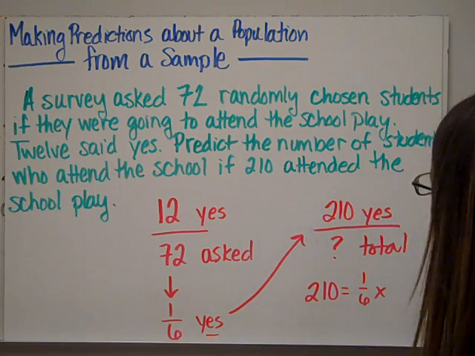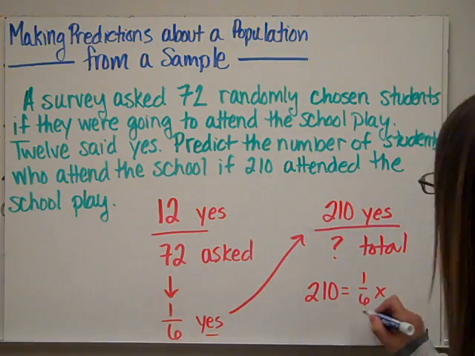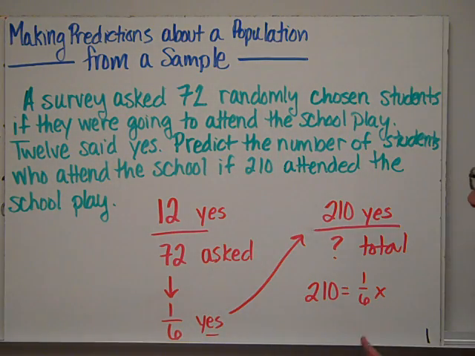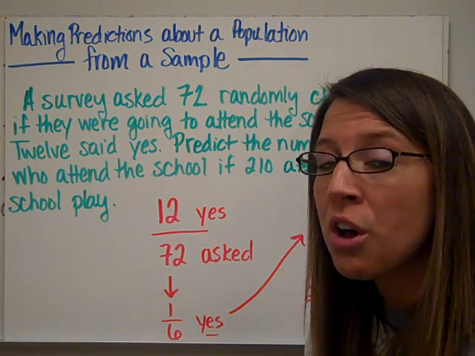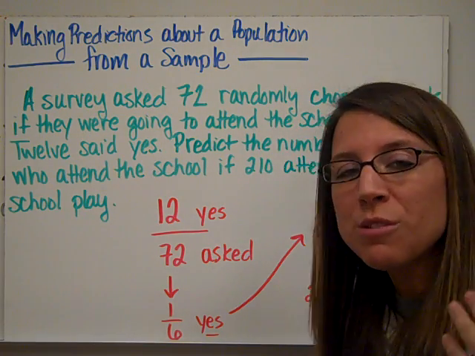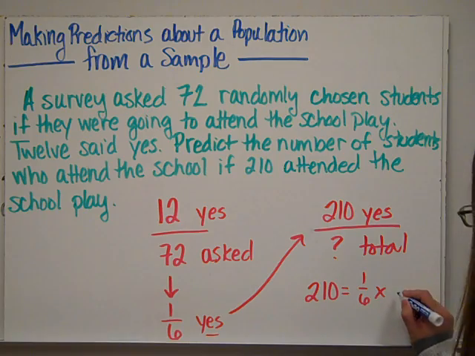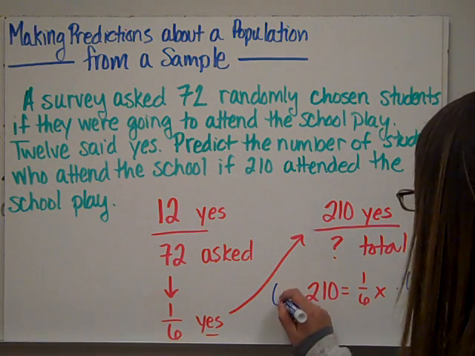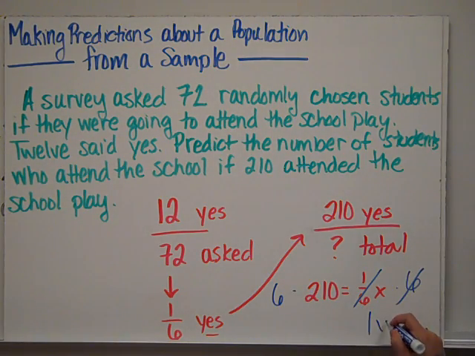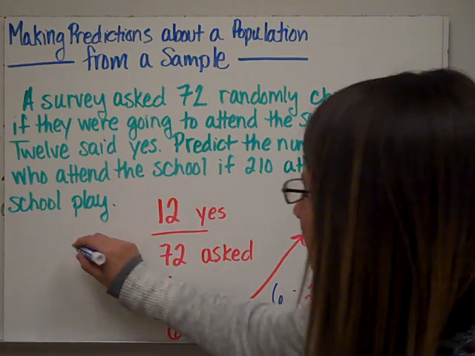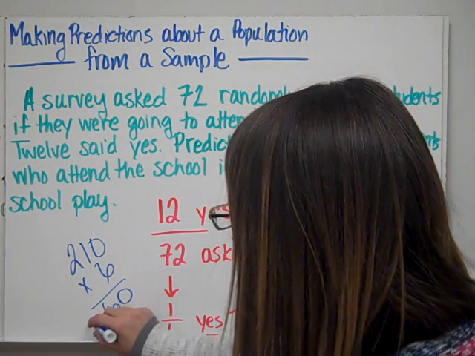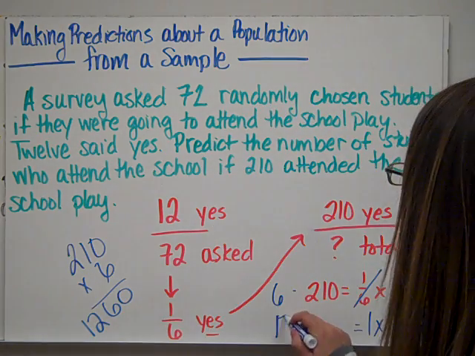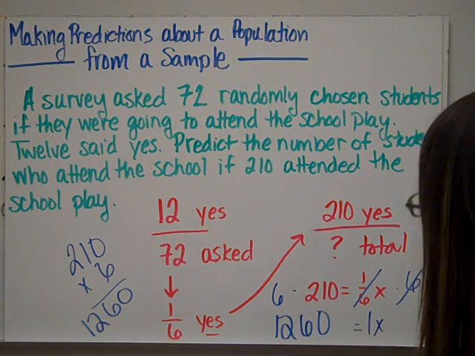1/6 times the total. And we know to solve for an equation like this, we would divide by 1/6, which is multiplying by the reciprocal of 1/6. So we would multiply by 6 on both sides. And so by doing that, this gives me 1x. And so 210 times 6 is going to give me 1,260 students.